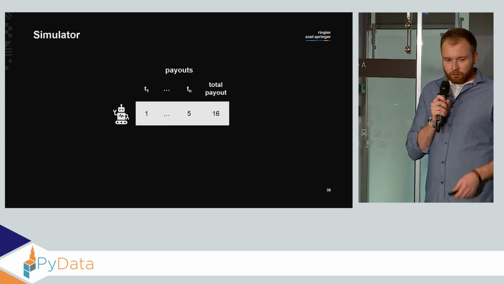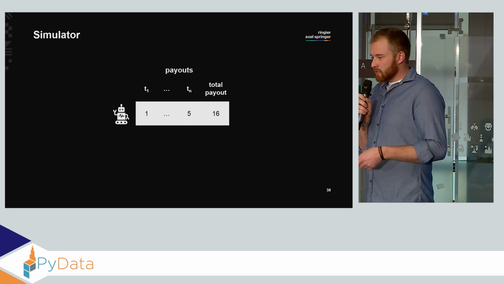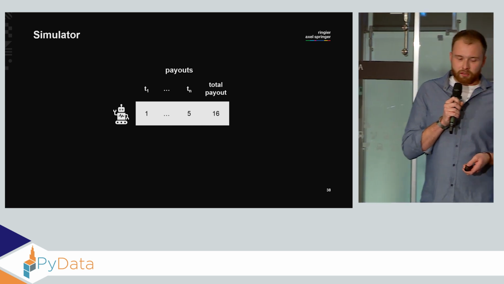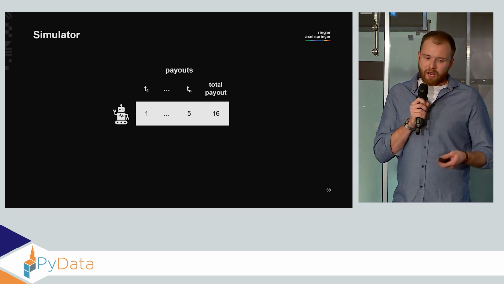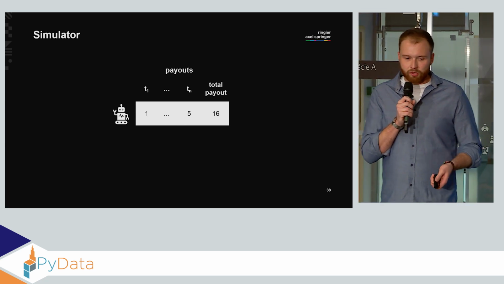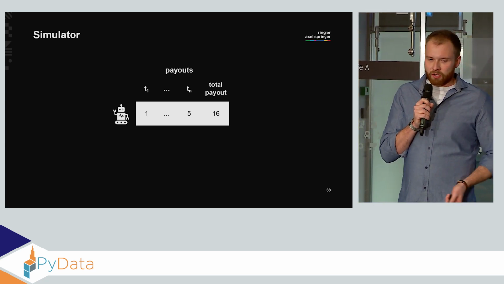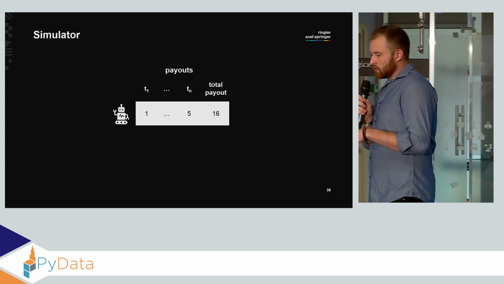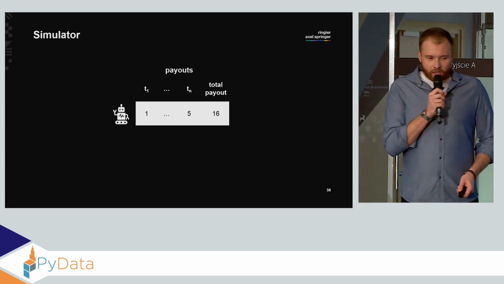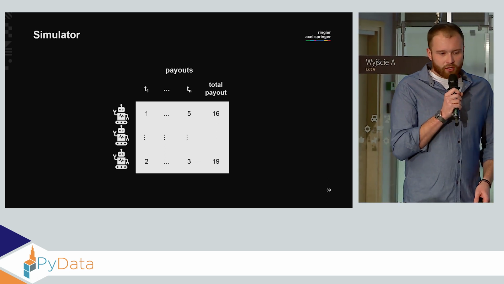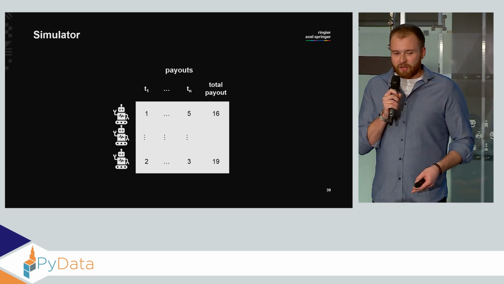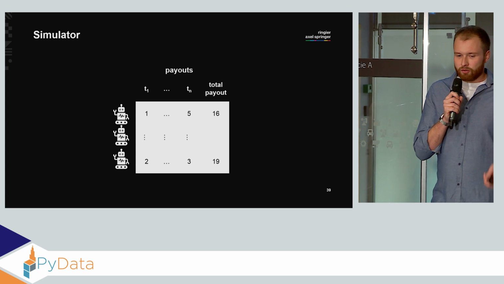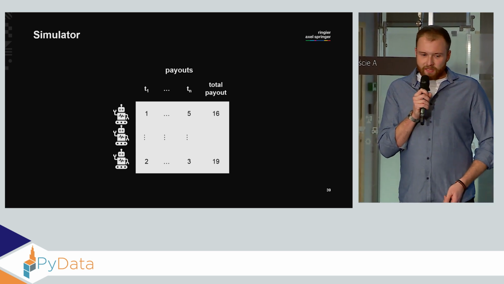After we repeat many trials, we can say how well our algorithm with a particular configuration performs in general. This is a single run of simulation, and we can repeat that for as many algorithms and as many configurations as we want to test.